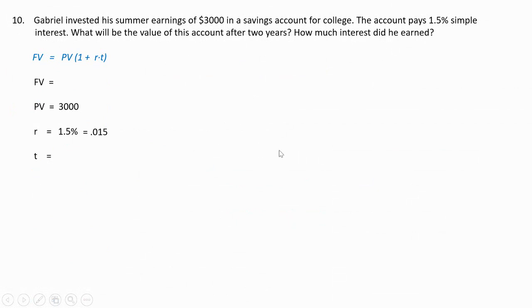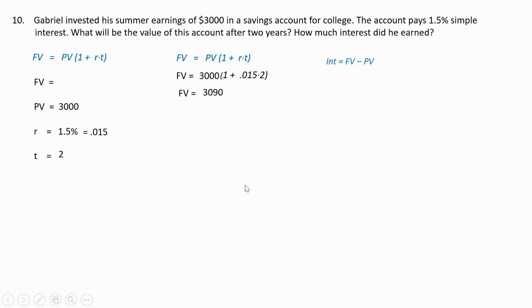And my time is 2 years. Plug everything into the formula. There's my PV, and there's the interest rate times time. So we get 3,090. So that's how much money will be in the account in 2 years.